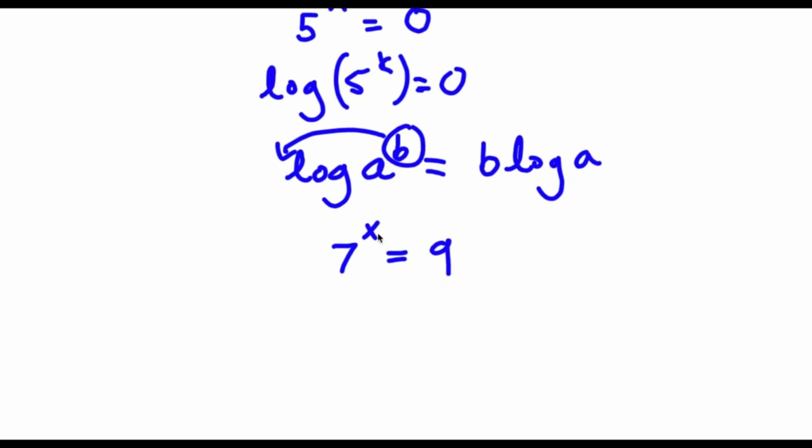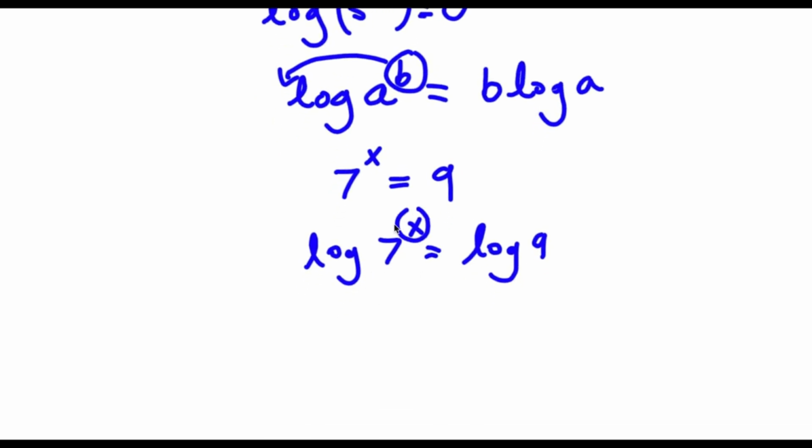Well, before using this property, first off, x, as you see, this is an exponent. And we can't really do much when x is an exponent because it's really hard to solve for x, in this case especially, because this x is going to be a decimal. So by using this property, we first have to take the log on both sides.